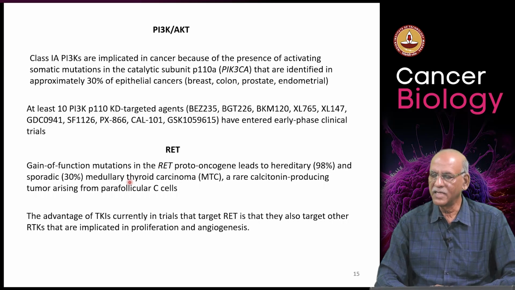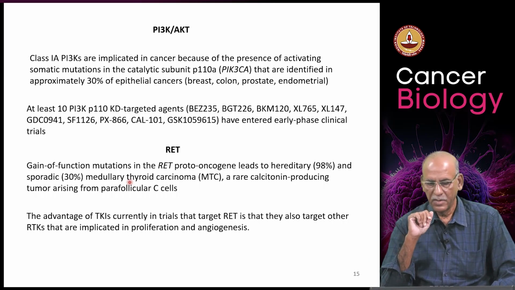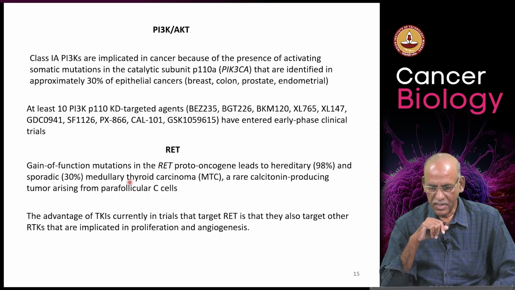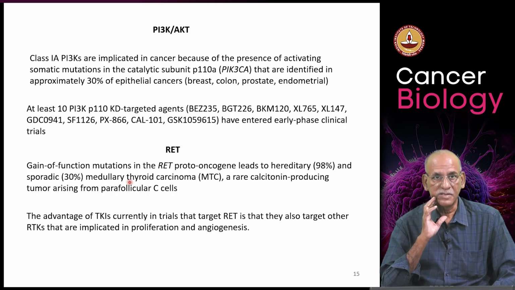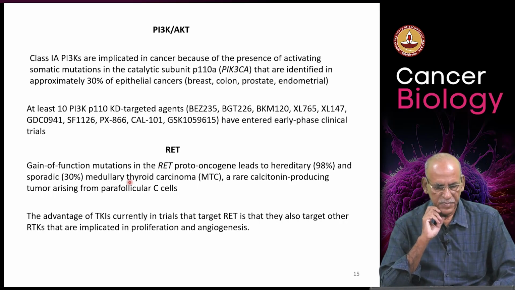See, PI3 kinase has two subunits, P110 and P85. The catalytic subunit is called P110, and mutations are identified in approximately 30% of the epithelial cancers such as breast, colon, prostate, endometrial cancer and so on.